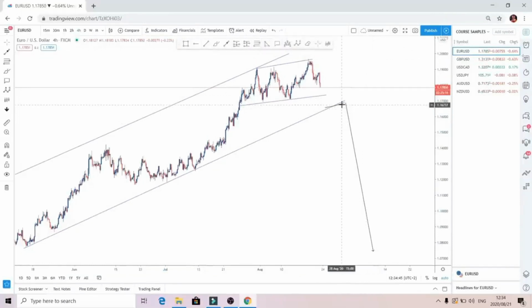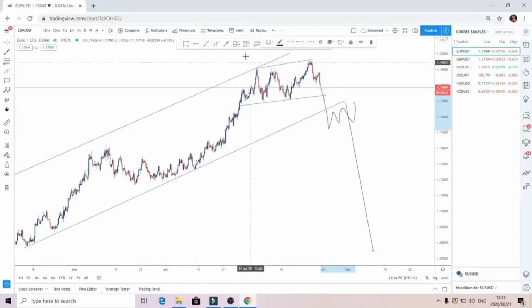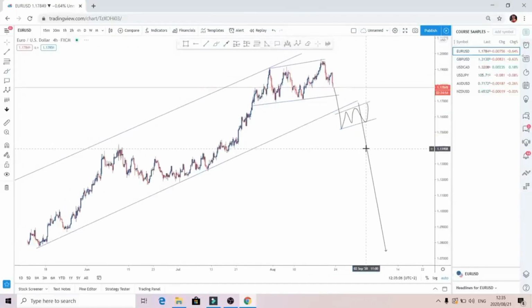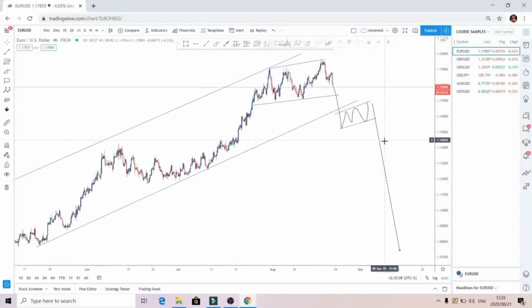The market is quite ranging at the top, which is creating an ascending type nature, and the market has a high probability of pushing to the downside, breaking the structure, consolidating, and giving us a beautiful, clear bearish channel for us to go short from that retest we might have right there.